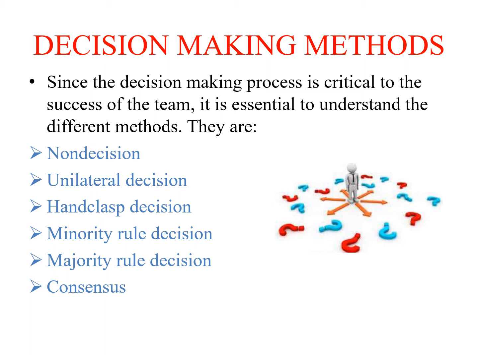So what is this non-decision? Once the team has been built, the team will discuss the subject extensively and not include to make decisions. It's a waste of time and it's not required for the team management.